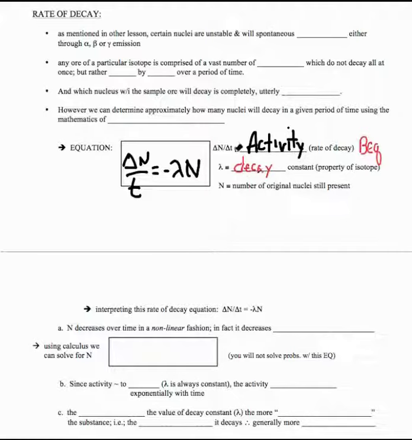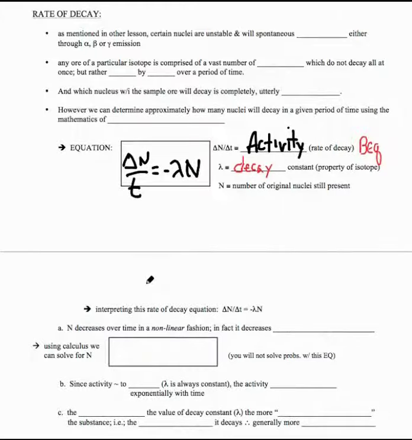It essentially is a measure of the probability that a nucleus will decay in a certain amount of time. There's nothing definite about it, but we can quantify that. And then N is the number of the original nuclei still present after a certain amount of time. Sometimes we'll get it as a whole number or even as a fraction.